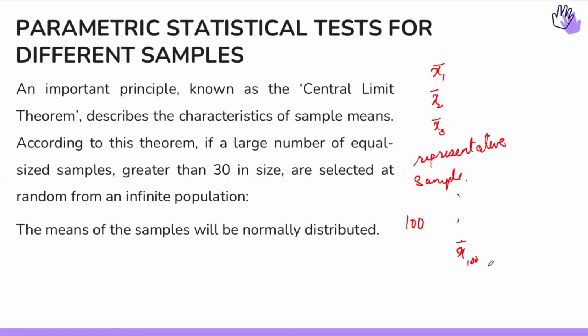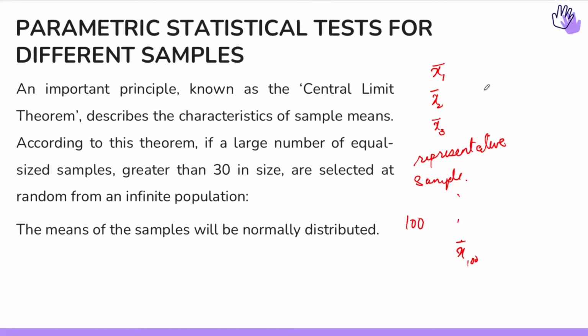Each will have a distribution: how many times each mean value has occurred out of the total values. So you will have a certain type of distribution of these sample means. This is called a sampling distribution.